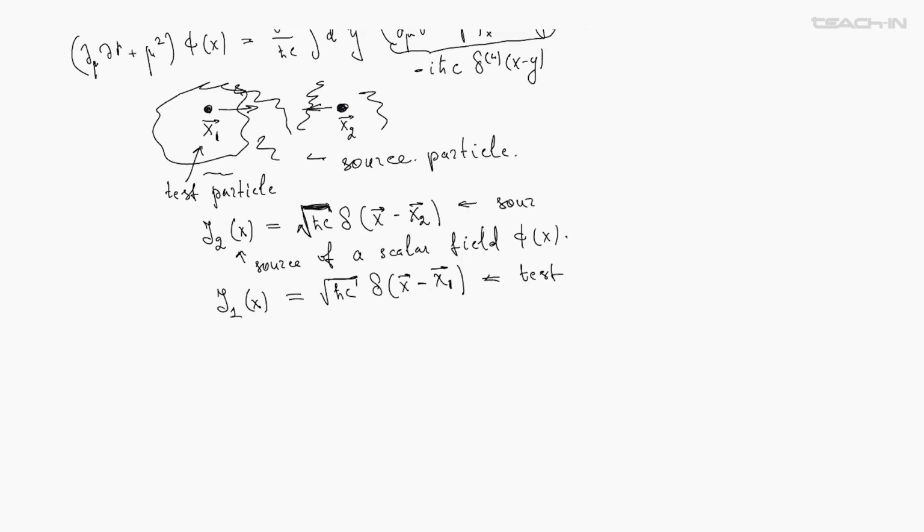So this means that the energy, which I interpret as an additional contribution V to the energy of field phi due to the interaction of my test particle with the field phi, will be given by minus the integral dx J1 of x phi of x.